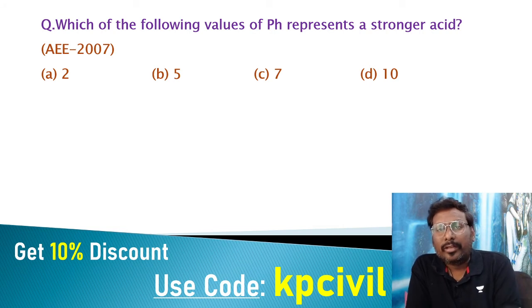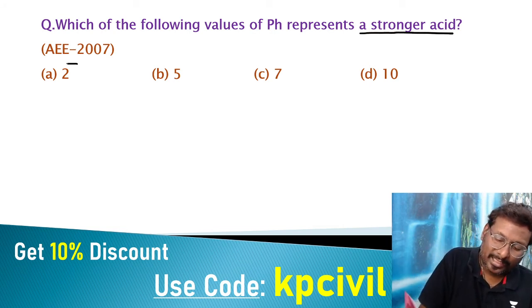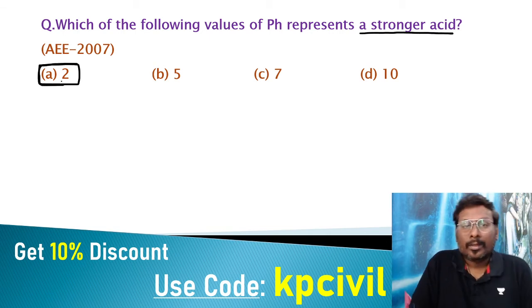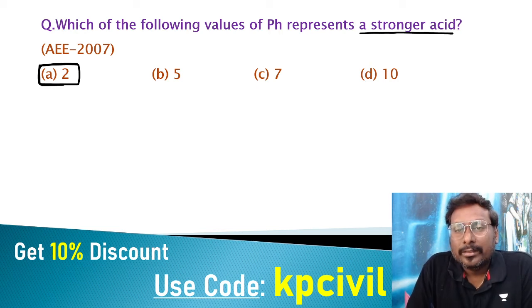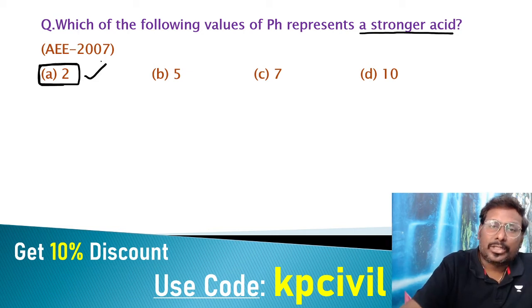Which of the following values of pH represent strong acid? I told you already, strong acid is 2, weak acid is 5, neutral is 7, strong base is 10. So strong acid pH 2.